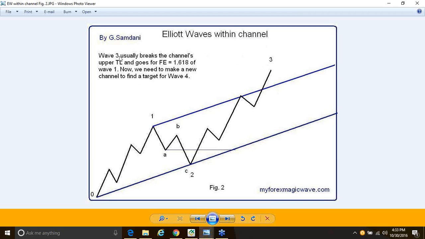But how far? Wave 3 usually breaks the channel upper trendline and goes for the Fibonacci extension 1.618 of wave 1. Now we need to make a new channel or whatever.